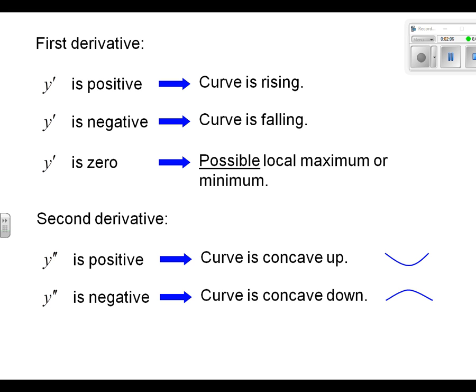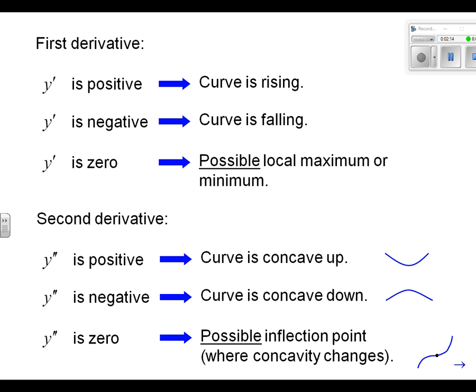So the difference here, when it's zero, what that means is it's changing from one to the other. If you look at the bottom right graph, this part on the left, is it concave up or down?